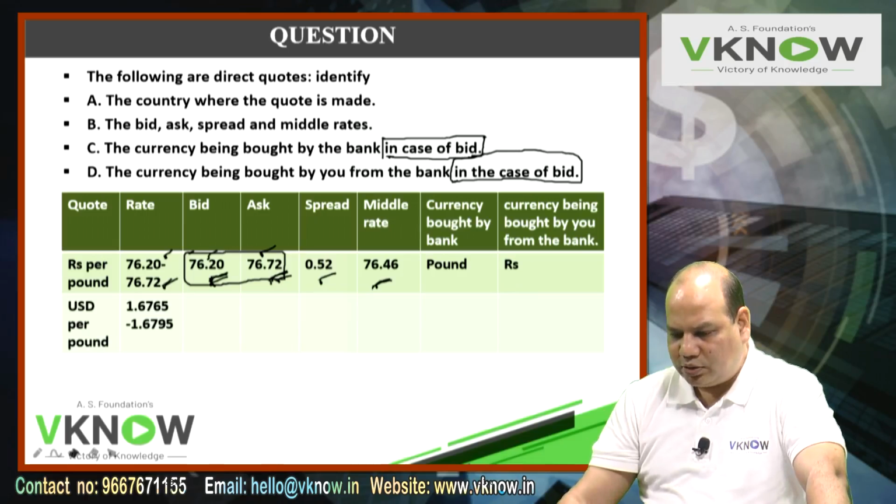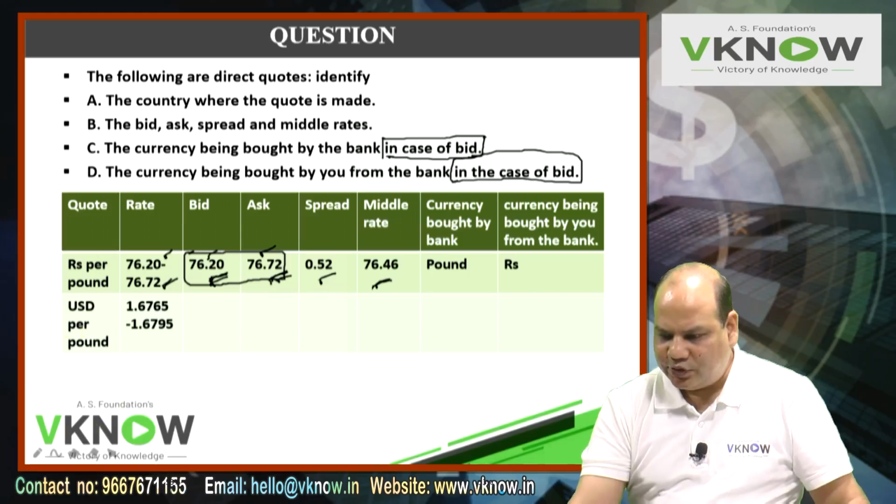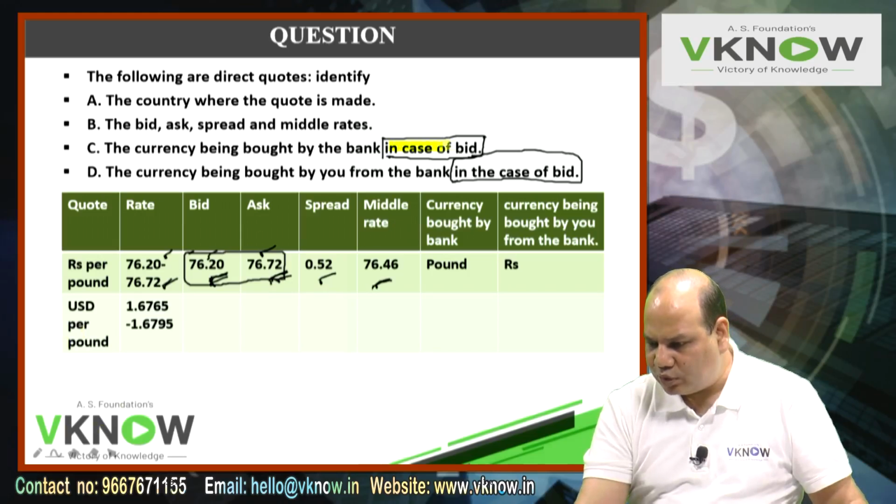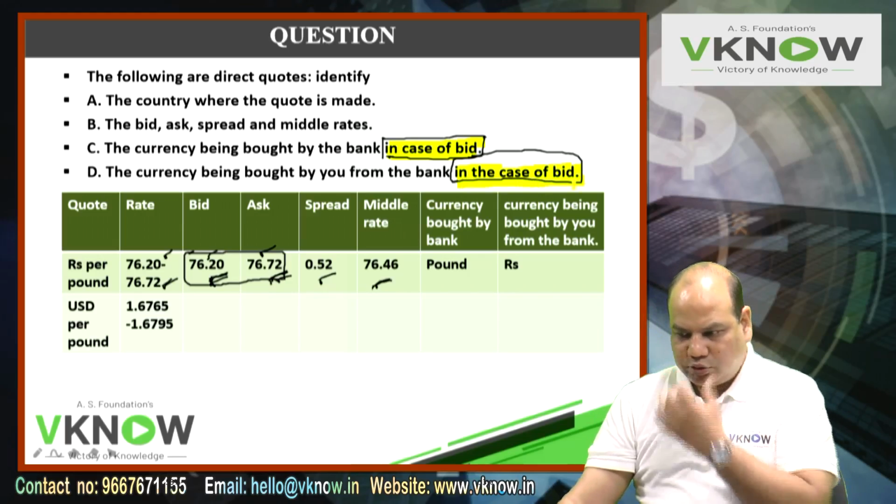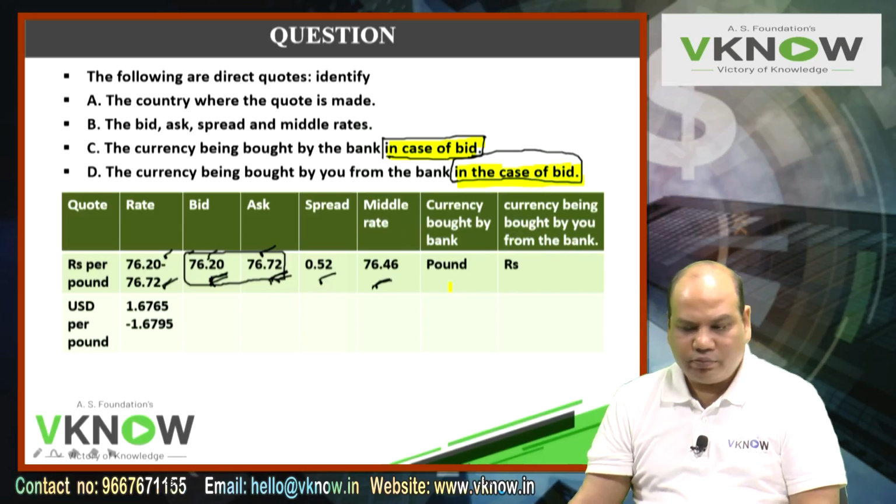So just please add these 4 words there. Currency bought by the bank in the case of bid. Currency bought by you from the bank in the case of bid. Now I think the question is properly drafted. So currency bought by the bank in the case of bid transaction. Bank buys foreign currency and bank sells home currency, means the customer will get rupees from the bank.